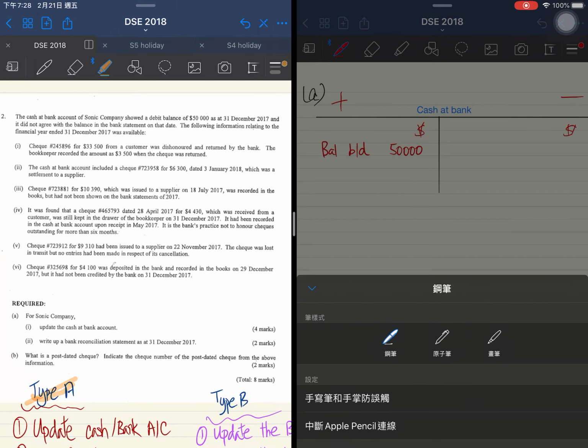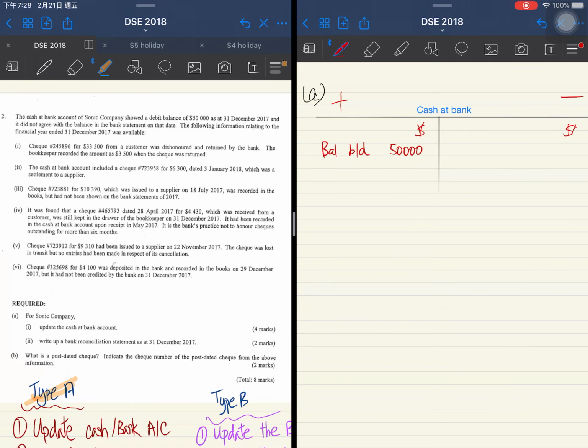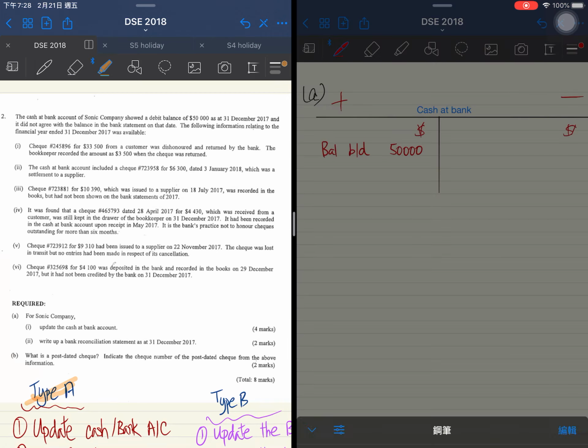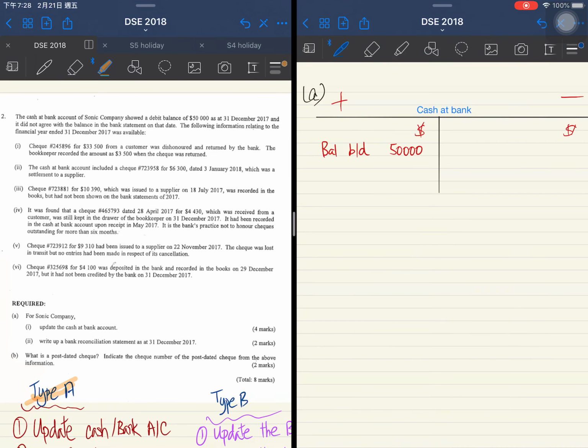We have to credit our cash at bank, because originally we recorded the increase on the debit side, but the amount of 33,500 cannot be received. Our bookkeeper recorded the amount as 3,500.